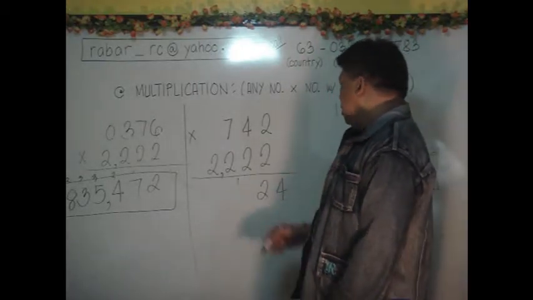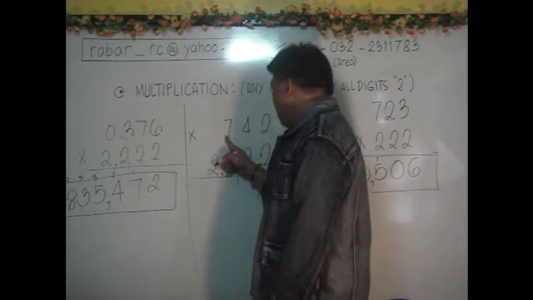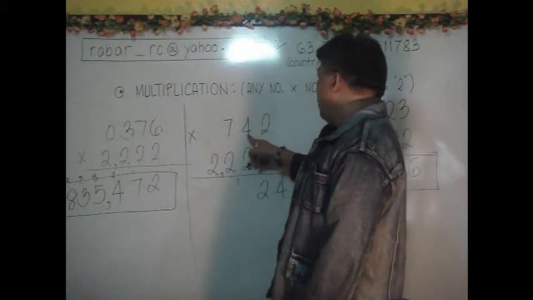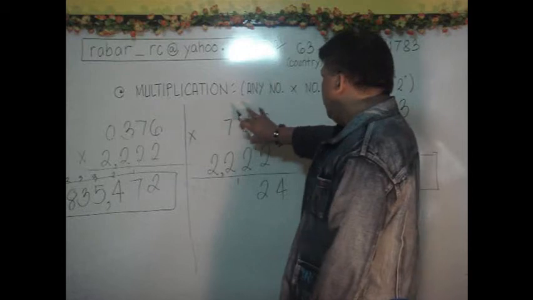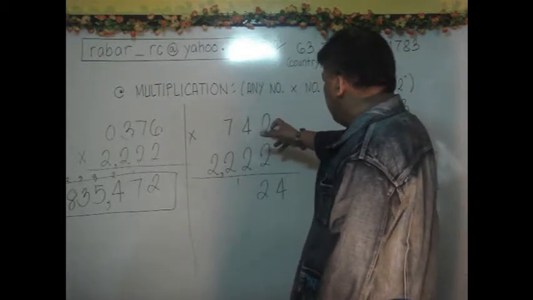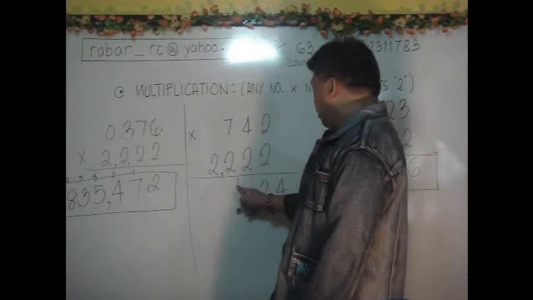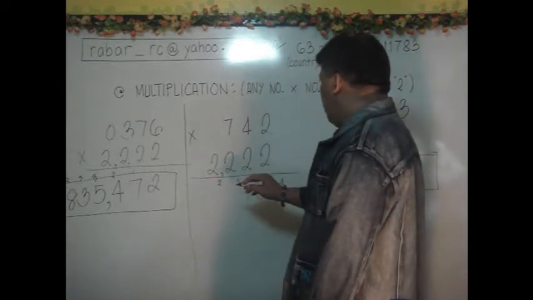With carryover 1, then we have 2 digits. Then another one here, 3 digits. We have 2 plus 4 is equal to 6, and 6 plus 7 equals 13. Double 13 is 26. 26 plus 1 carried over here is equal to 27. With the carried over here 2.